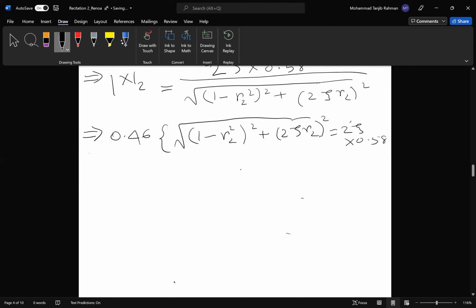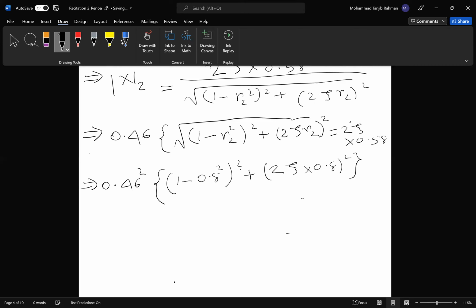So now I'm going to just square both sides. So it would be 0.46 whole square multiplied by 1 minus R2 square, R2 is 0.8, plus 2 zeta R2 whole square, and in this side we'll have 4 zeta square multiplied by 0.58 square.